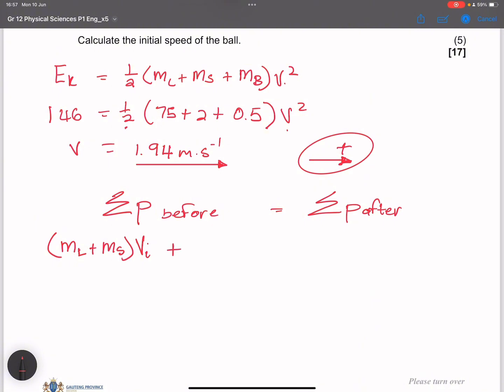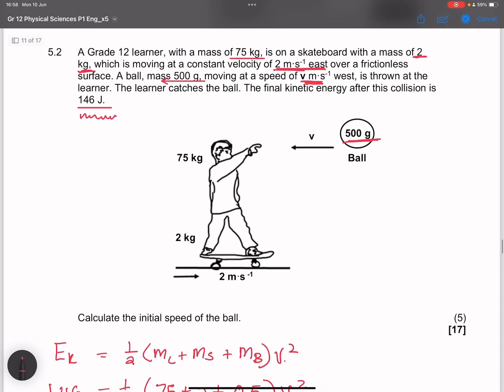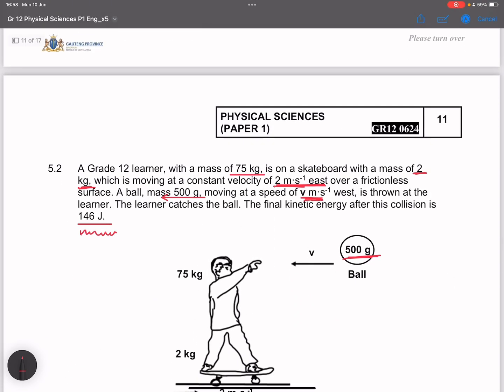And then we had the ball moving on its own, so the initial velocity of the ball. And thereafter, we had the learner, the skateboard, and the ball moving as one unit. That's the final velocity there. Right, so now let's substitute. We're going to have 75 plus 2, which is 77, times their initial velocity, remember, it was 2 meters per second.